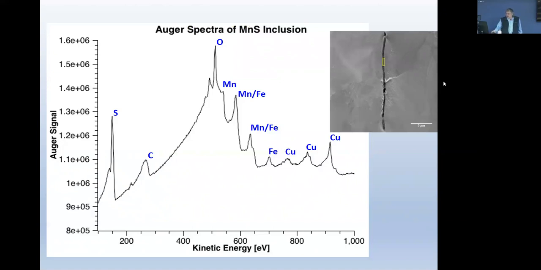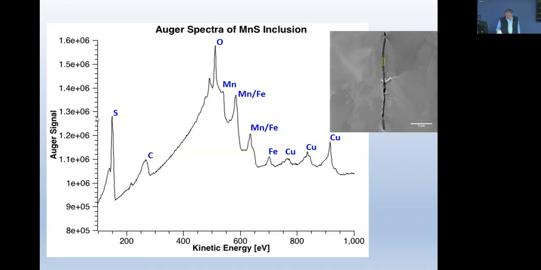So here it is. I'm taking a spectrum from this location using Auger. You may not be as familiar with Auger as you are with X-ray, but that's how it looks. Typically, they present these by taking the derivative, but I don't like it too much. As you can see right here in this yellow rectangle, there is copper on this surface, manganese, iron, and there's oxygen here, carbon here, and sulfur here.